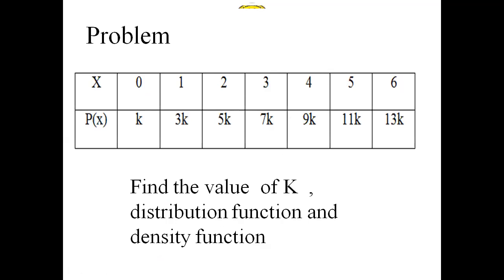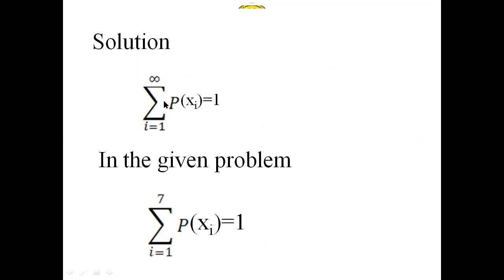That means totally in this random variable we are having 7 events and these are the corresponding probabilities. So based on the number of events, the probability mass function becomes summation i equal to 1 to 7 p of xi equal to 1.